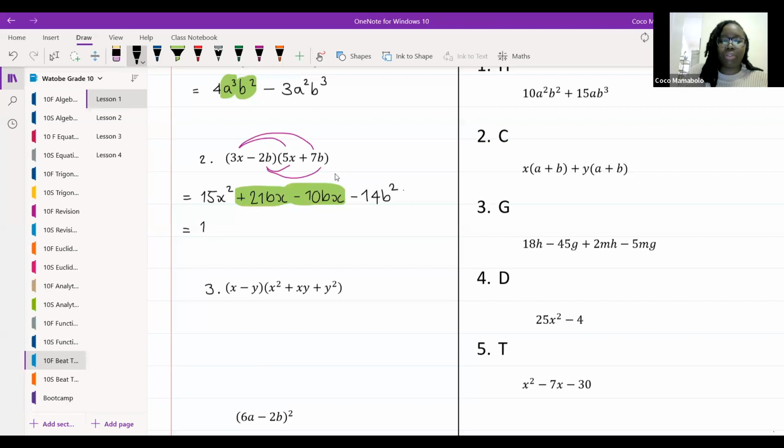So I can rewrite this as 15x squared, 21 minus 10 would just give me positive 11bx, minus 14b squared. Give me a thumbs up if you managed to get both of those right. Hi, Amogelang, no worries.